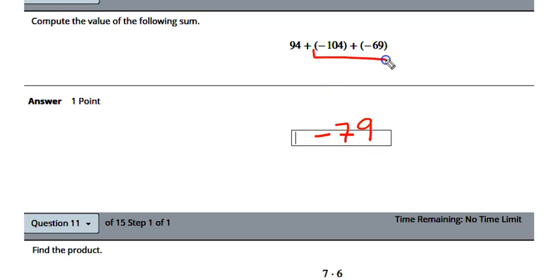Again, you could take these two together. This is going to be the larger absolute value, but you take away the negative signs. But keep in mind it's negative, and subtract 94 from that, and then you apply the negative sign. Or just do it the other way.